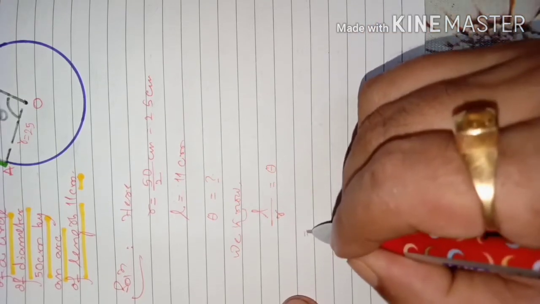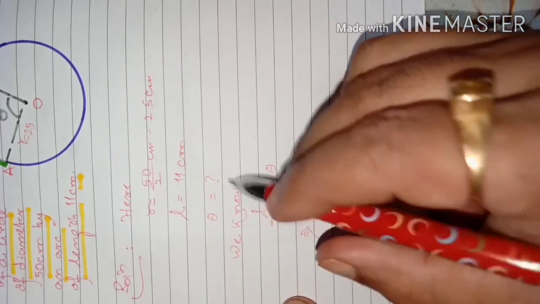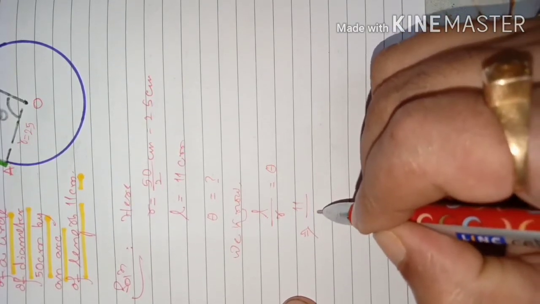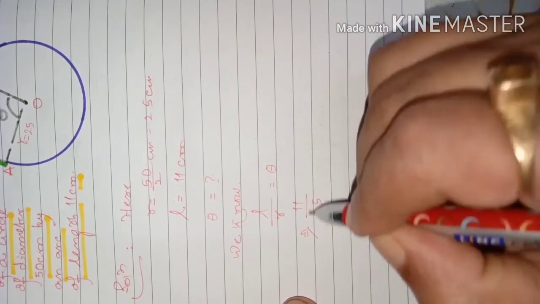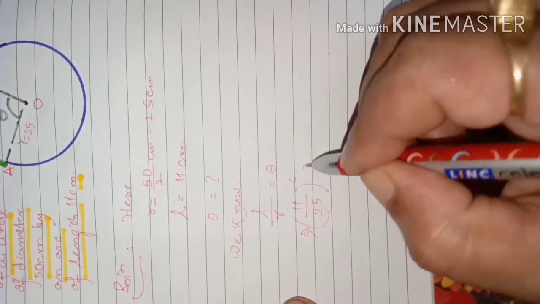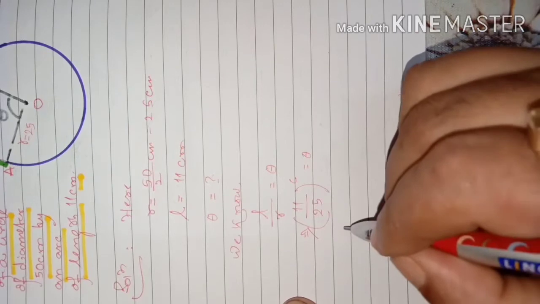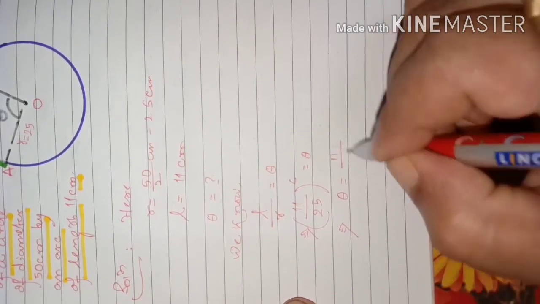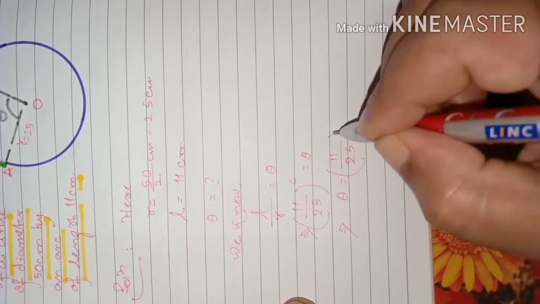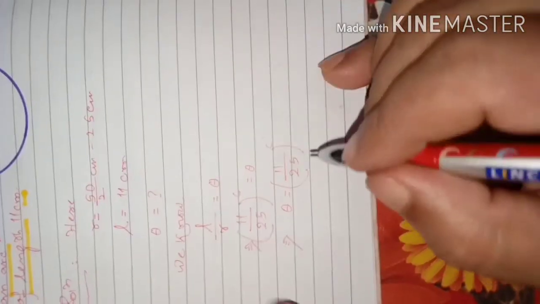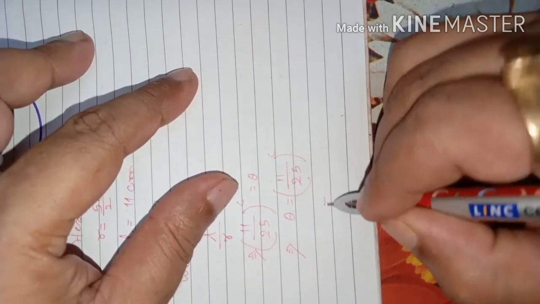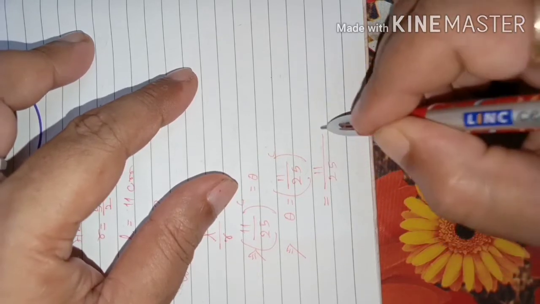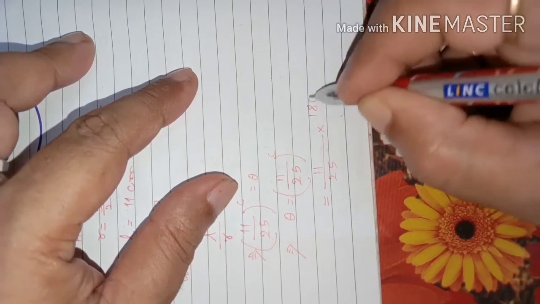So from here, length 11 divided by r 25 radian is equal to theta. So theta we got in radian, 11 by 25 radian. If you want this in degrees, then you need to multiply by 180 by pi. Now 11 by 25 into 180 by pi.